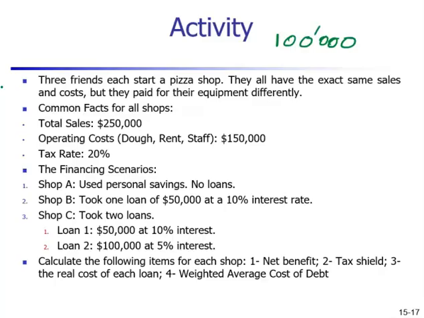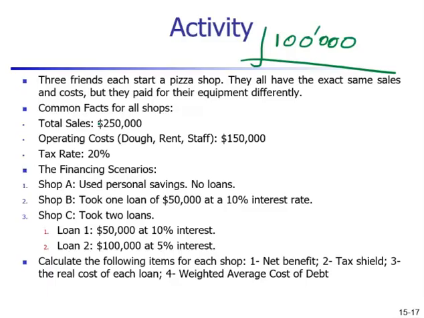That is operating profit. It is a very important measure in accounting, and it is in fact the profit before deducting interest and taxes. Okay, so this $100,000 is common between all three shops.